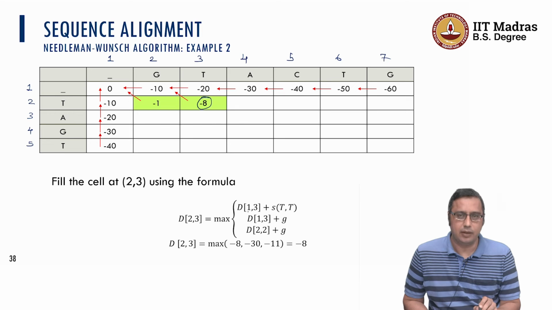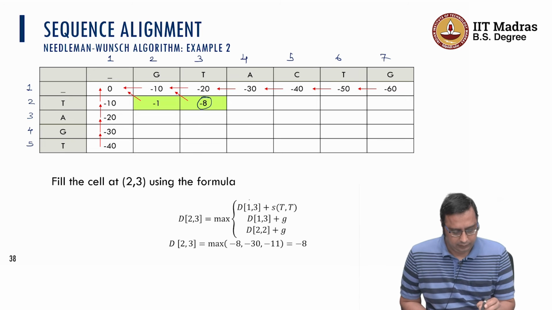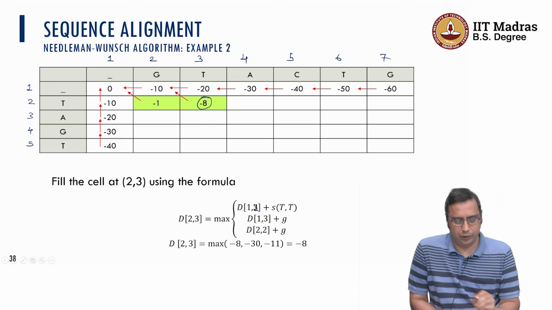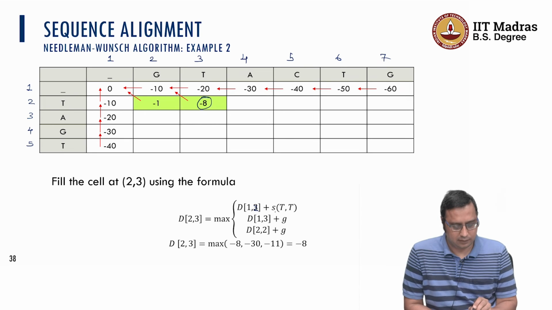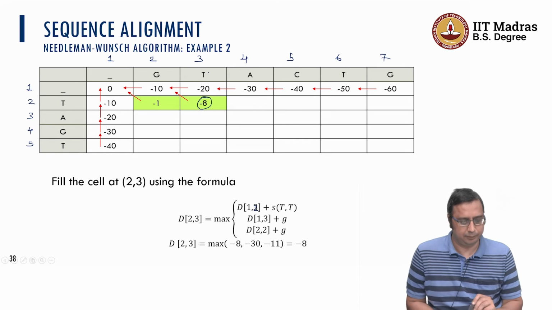D23, this should be D12 plus S(T,T), because here there is a T, there is a T here.